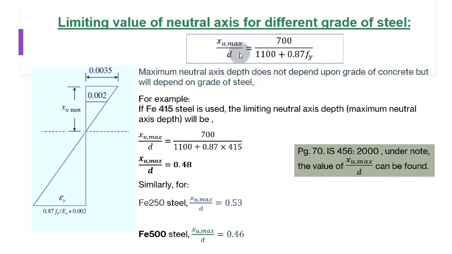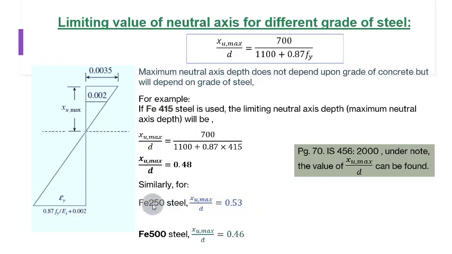For example, if we consider Fe415 steel, here the yield stress of steel will be 415 Newton per mm square, which can be substituted in Fy to get the value of maximum neutral axis depth divided by effective depth as 0.48. Similarly, we can get this value of neutral axis depth by D for Fe250 steel as 0.53.